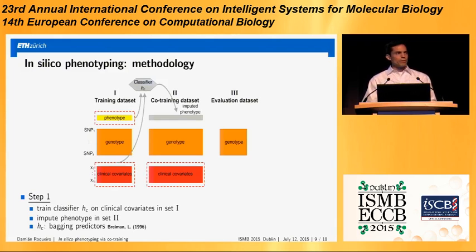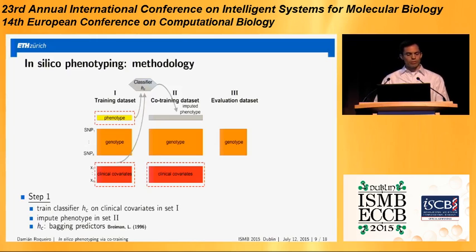So our method is a two-step process. In step number 1, we impute the missing labels that I just told you we were assuming didn't exist. So we create a covariate classifier. The covariate classifier is trained on the training dataset, and it assigns all the labels in the co-training dataset.